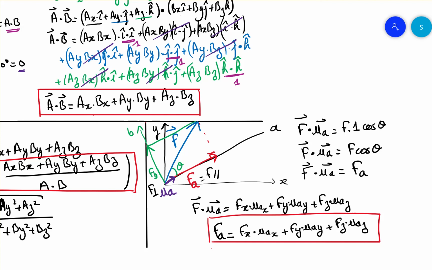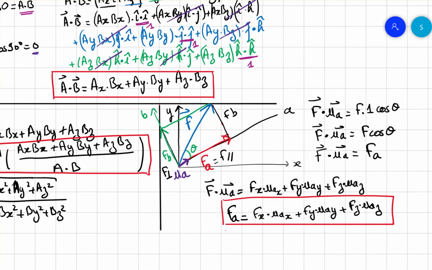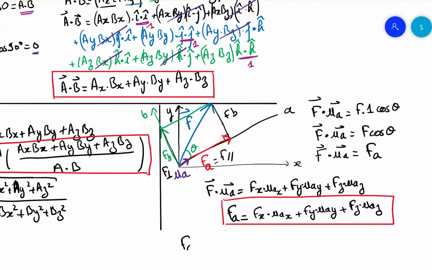How do we find FB? We can use the Theorem of Pythagoras. So we can say that FA square plus FB square is equal to F square, or F parallel square plus F perpendicular square is equal to F square.